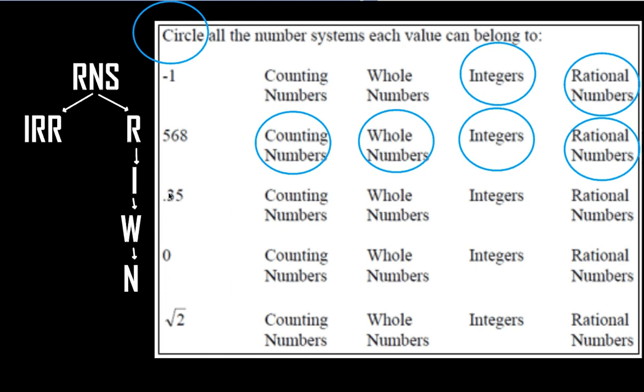For the next one, it says 0.35, or you can read that as 35 hundredths. If you notice that decimal place, it has values after the decimal. What does that tell you? Well, we know that it is a rational number because it can be displayed as a ratio. As a quick check, how would you display that as a ratio?